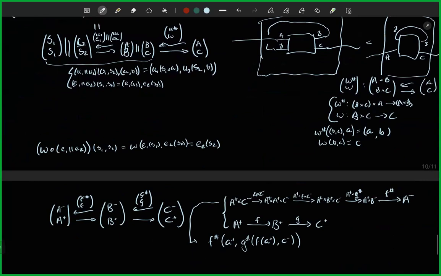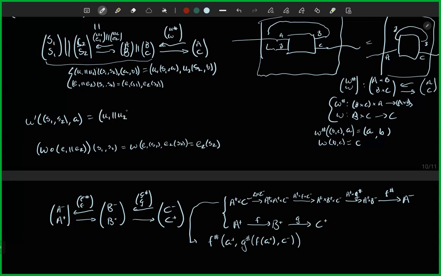Going back down. Now the fun bit. We ask, what is the composite of the other one? So the new U prime here, the combined U prime. Well, what does that do? It takes in an S1 and S2, and then it takes in, all the way out, this A, and it's going to give us this formula from below, but now the F sharp is U1 parallel U2, and the G sharp is W sharp. So I'll write that out.